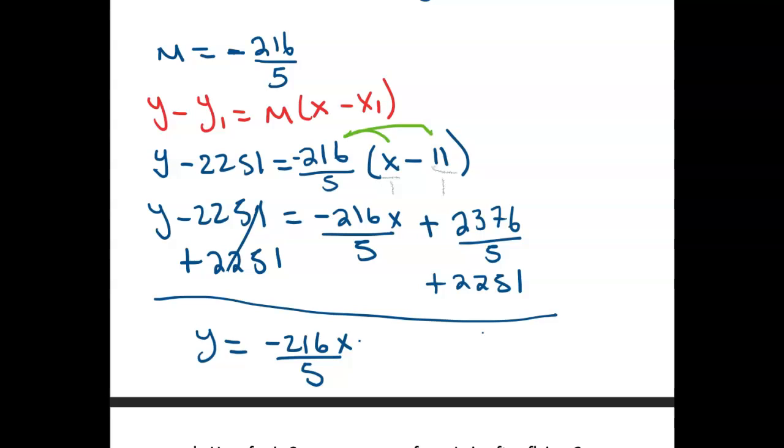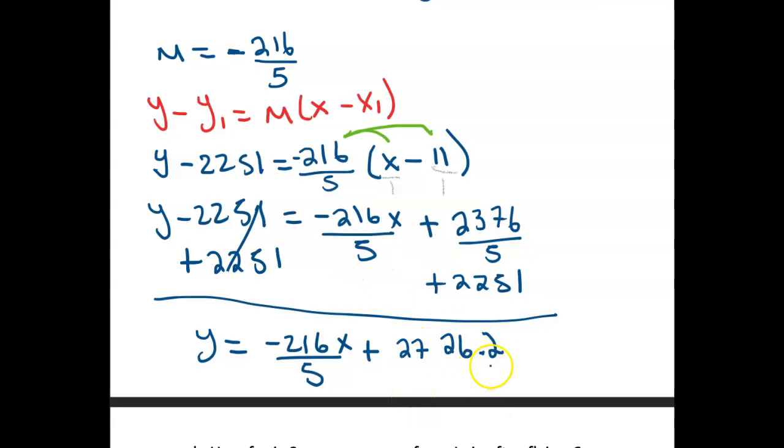So let's see, what do we have? We have the fraction 2376 over 5 plus 2251. And we get a nice decimal. Let's keep it like that. It doesn't matter. 2726.2. Much easier number to deal with.